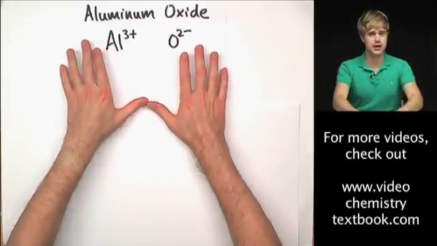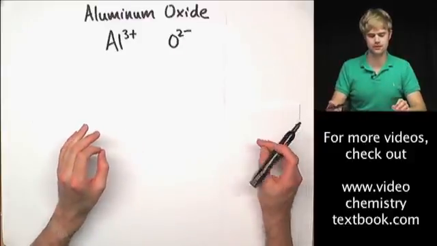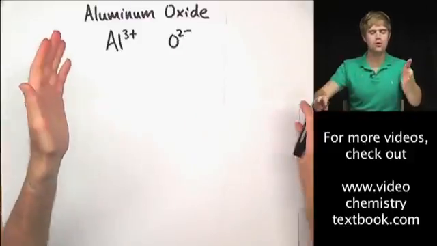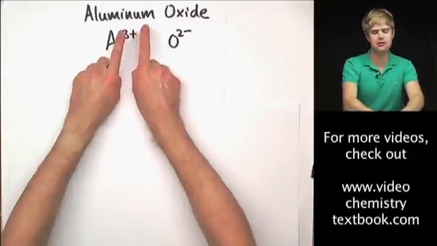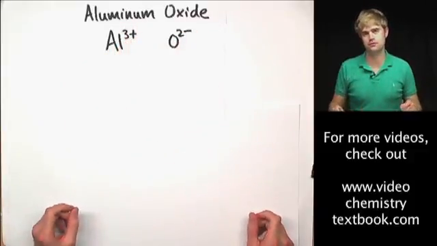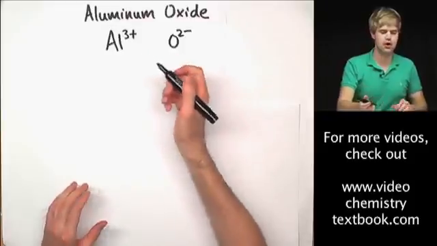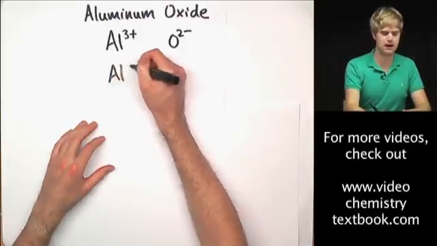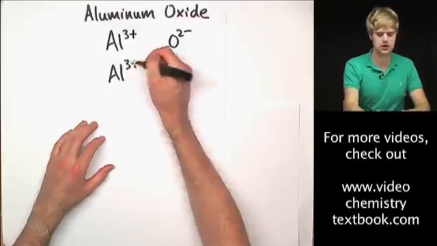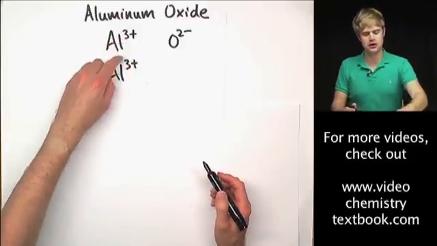And this example is a little bit trickier than the ones before. How are we going to be able to add atoms to get the same number of positive and negative charge? Let me give you a hint. We're going to start by adding another aluminum atom in here, or aluminum ion to be precise. So now I have 3 plus here and 3 plus here.